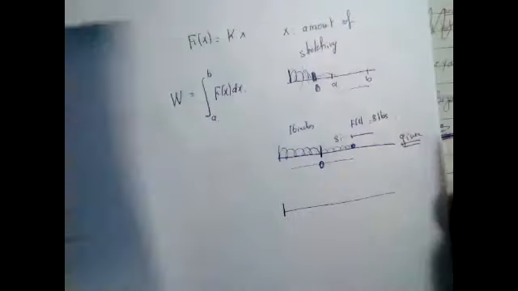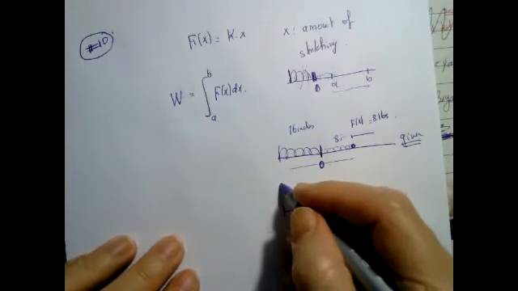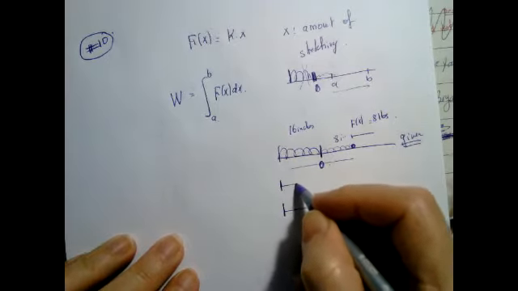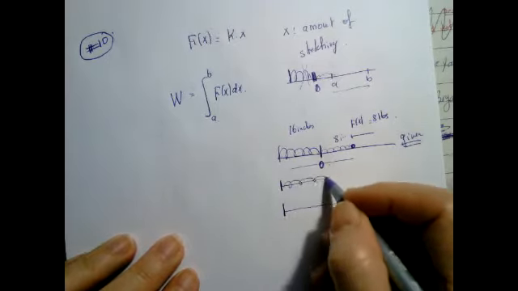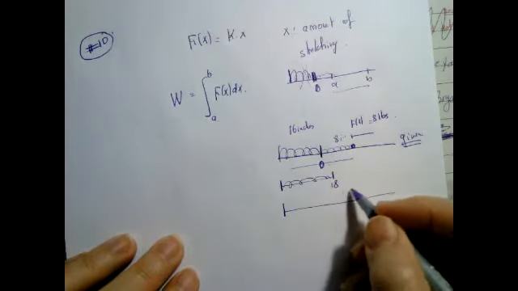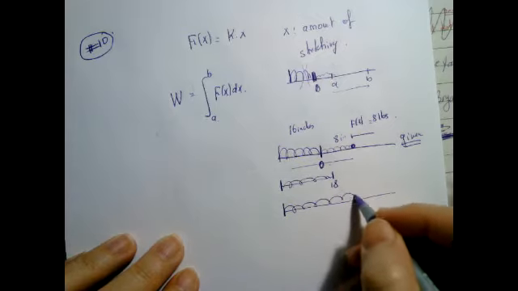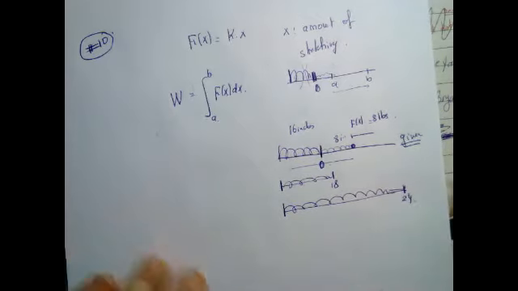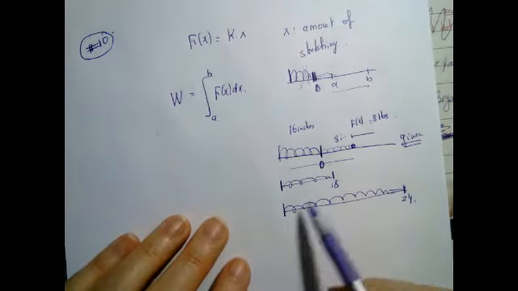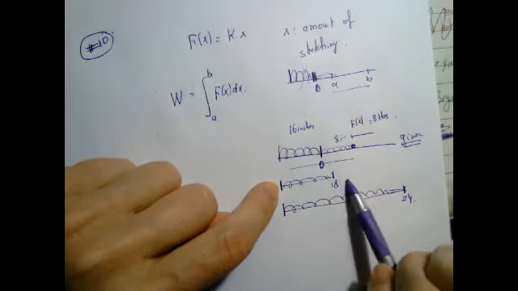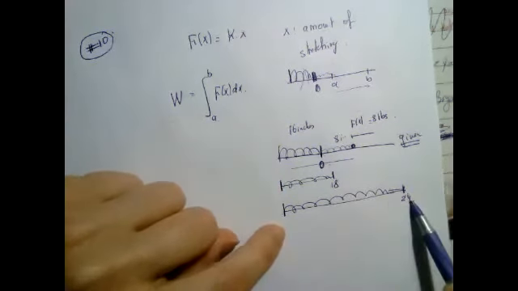So if I want to stretch it from a length of 18 all the way to a length of 24, but the 18 and the 24 are the whole length.